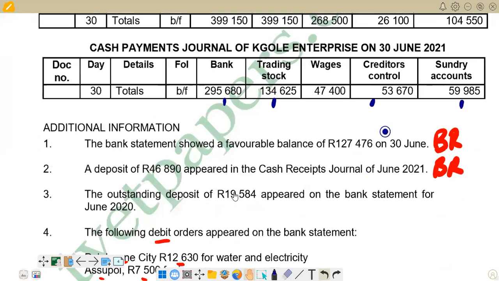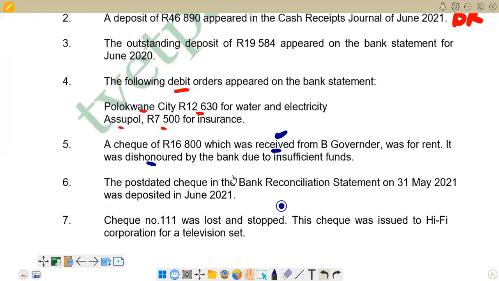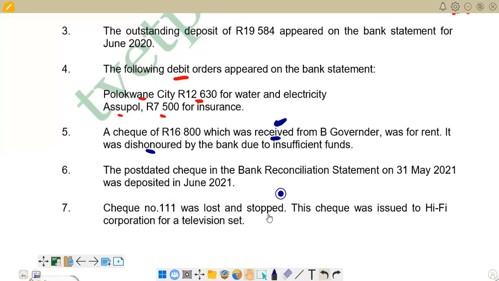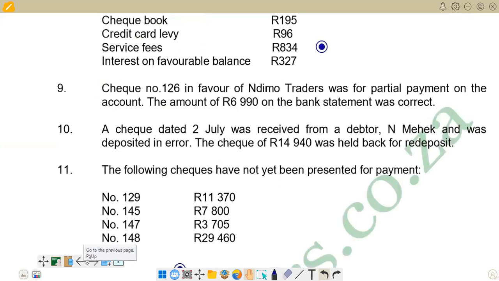On the description of that check, we see that it was issued to Hi-Fi Corporation, so we need to put Hi-Fi Corporation in our details section. This check is also going to be entered under the sundry amount section. You can go to the cash receipts journal and enter it.